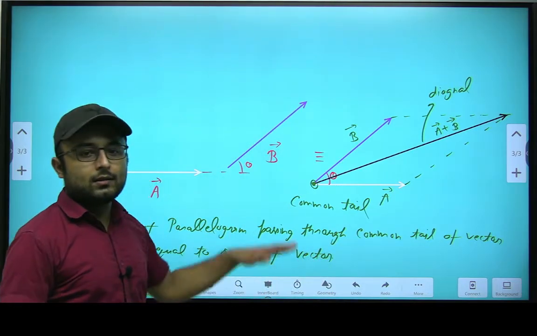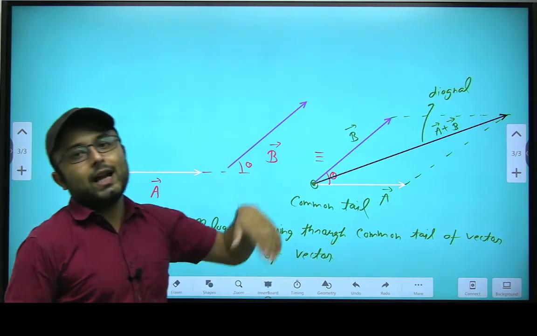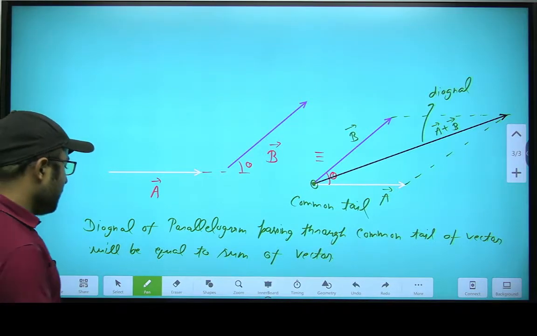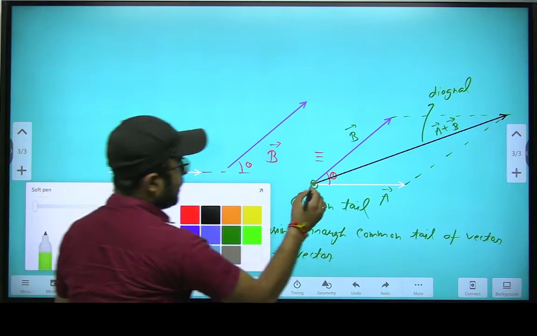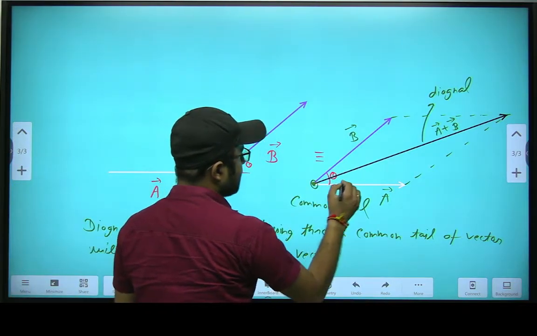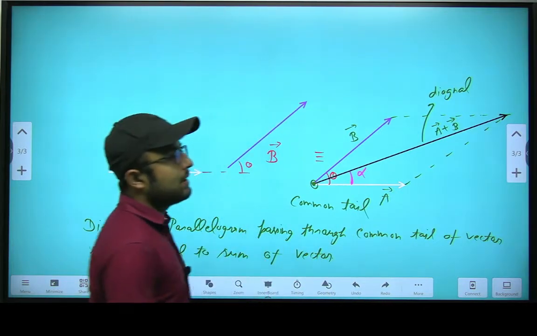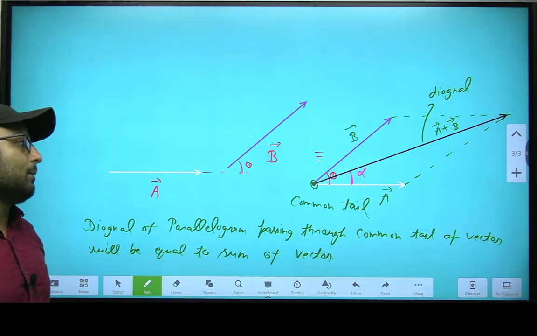That diagonal which passes through the common tail gives you the sum of the vectors. And this diagonal will also make a certain angle with vector A as well as vector B. This is the angle alpha that the diagonal, or the sum of the vectors, makes from the primary vector A.